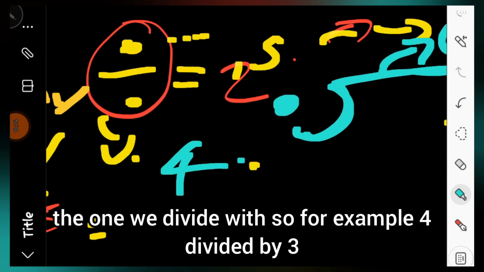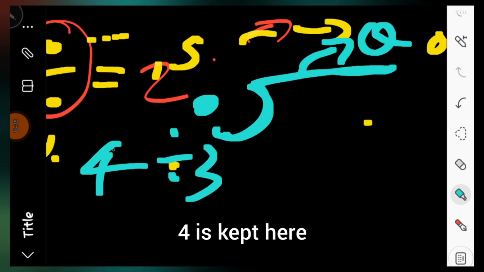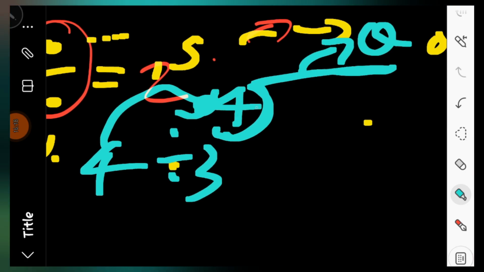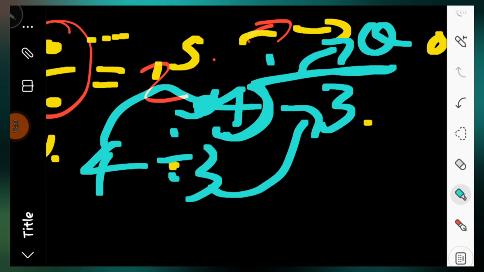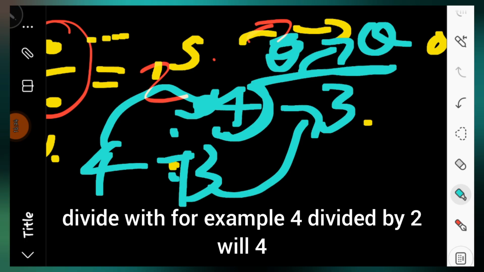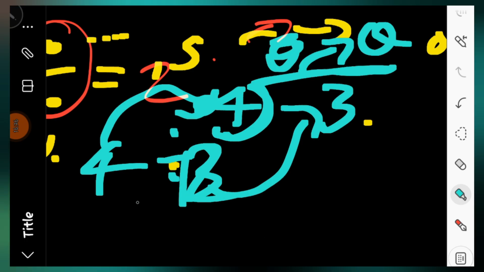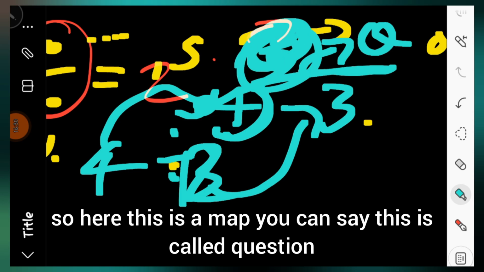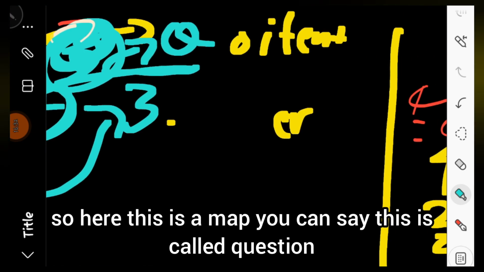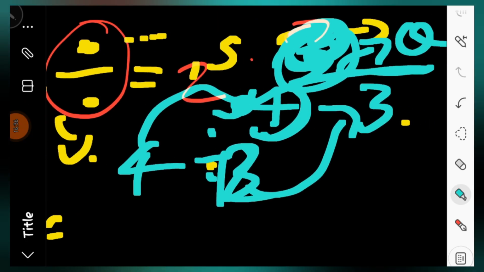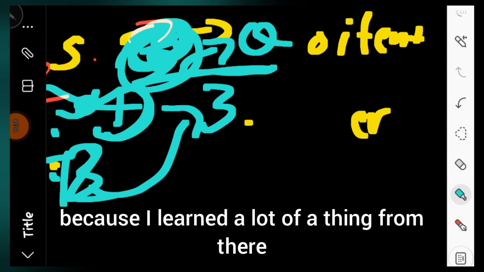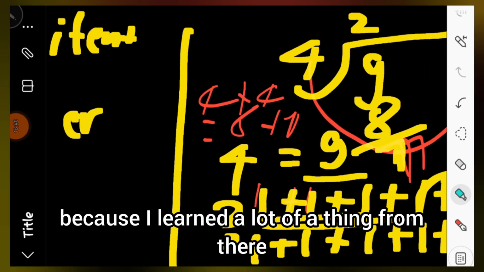So for example, 12 divided by 4: 12 is kept here, 4 is kept here, and the answer, 3, is kept here. This is called the quotient. That's what I learned. I hope I'm not wrong. Shout out to mathematics because I learned a lot of things from there.